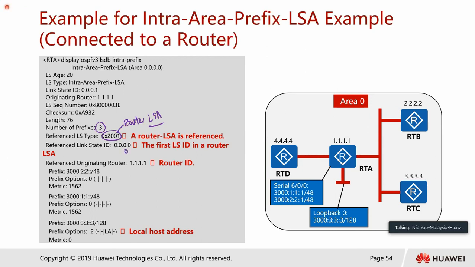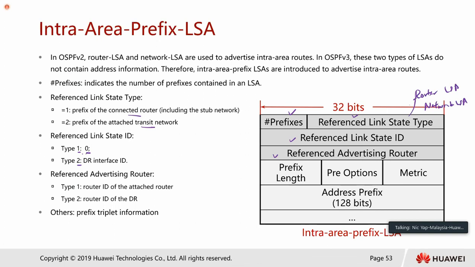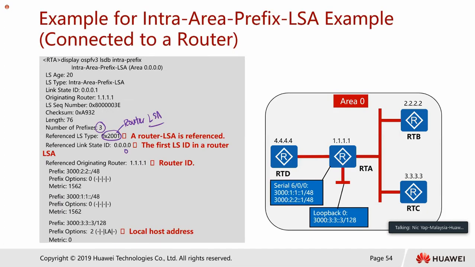Because it's a point-to-point, they do not give the DR information. The originating router ID is router 1, so router 1 originated this information. Then I have these prefixes: 3000:2:2::3000:1:1:: and 3000:3:3::3. This is a local address, considered your loopback interface, shown as a local host address. So far, okay? That is one of the intra-area prefix LSAs.